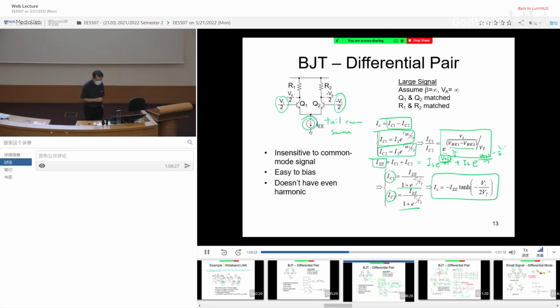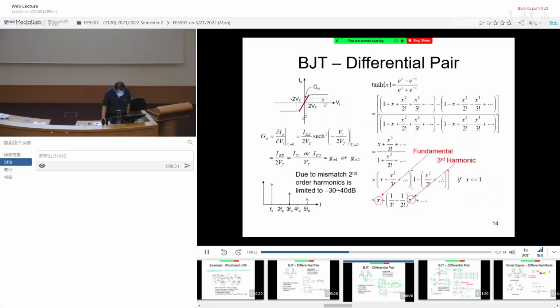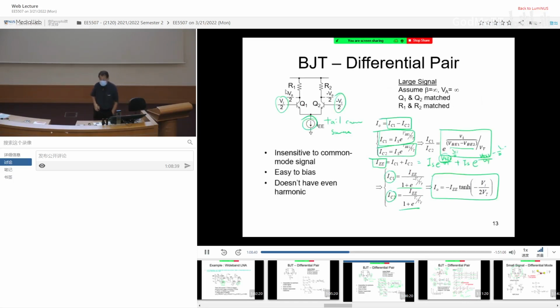So what does the hyperbolic tangent function look like? It looks something like this. It's not that difficult to understand. If you look at the circuit, you have a constant current source. If one side is higher potential than the other side, the current will prefer to switch all the way to the other side. On the other hand, if this side is higher, then the current will prefer to go all the way to the other side.